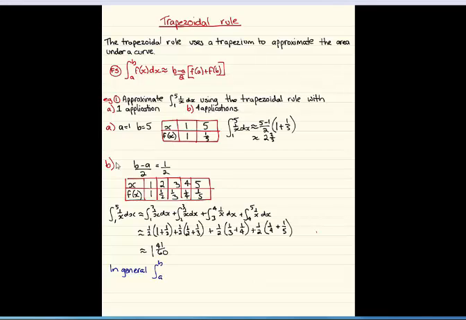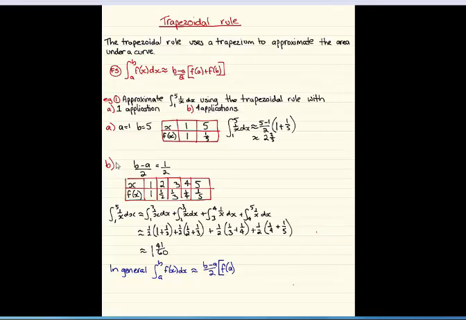From b to a of some function, it is approximately. Now, we're going to have a b minus a over 2 because going back up to that one we just did, that half is in front of all of them. Okay, so you can just pull that out the front. Now, the first function value, that 1 over 1, appears once. So if it's f of a. Now, the second function value, that half, we use it in the first set of brackets, we use it in the second set of brackets because it's one value in the first trapezium, it's one value in the second trapezium.